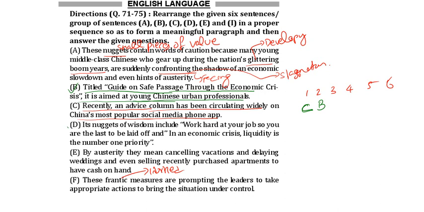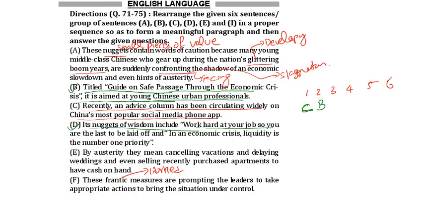Next, its nuggets of wisdom include. So what is there in the column? What is there in that article? In this article, it is particularly mentioned, work hard at your job. In an economic crisis, so many people will be losing their jobs. What is the main word or main words having value in that column?